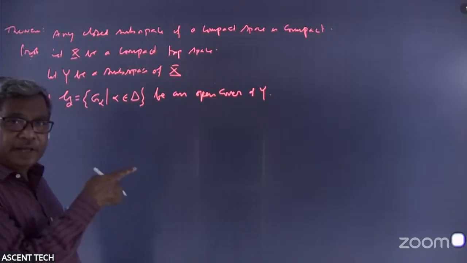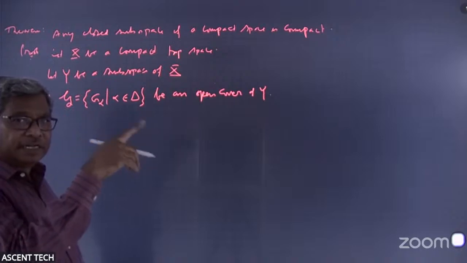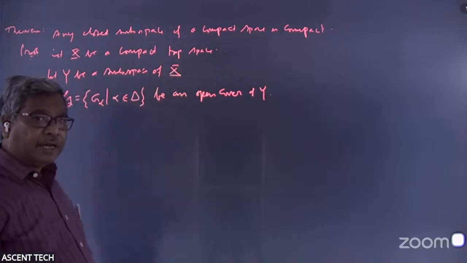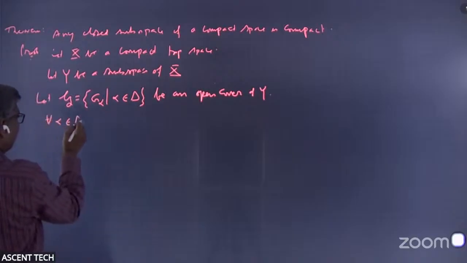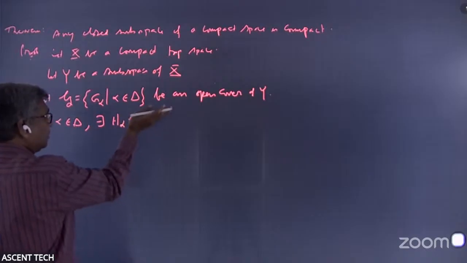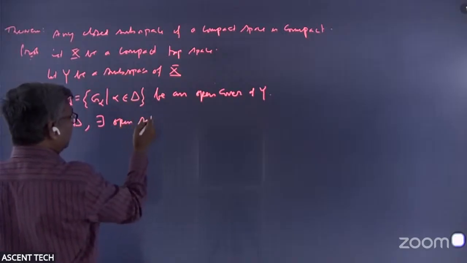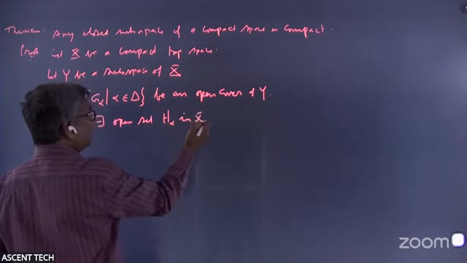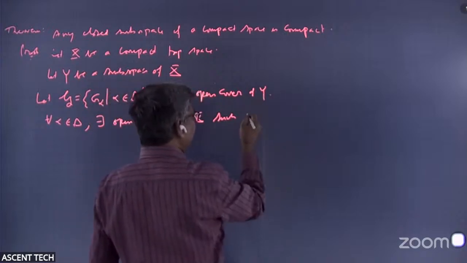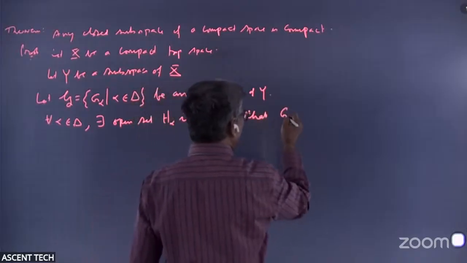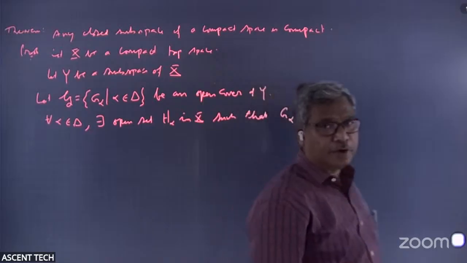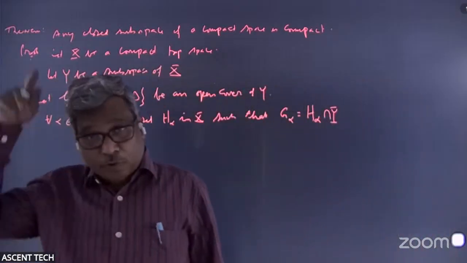G alpha is an open set in Y. That means G alpha is Y intersection H alpha for some open set H alpha in X. For each alpha in delta, there exists an open set H alpha in X such that G alpha is H alpha intersection Y. That is how the open sets in subspaces look: open sets in a subspace are intersections of open sets of X with the subspace.